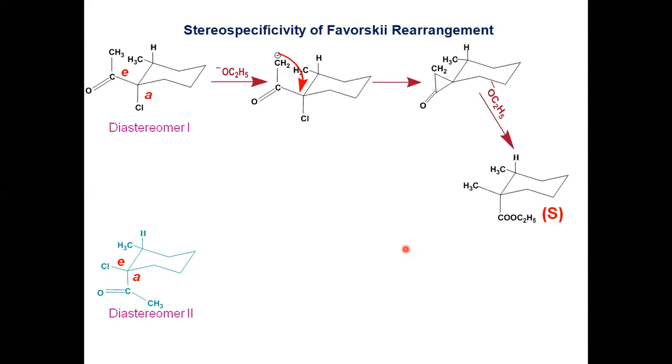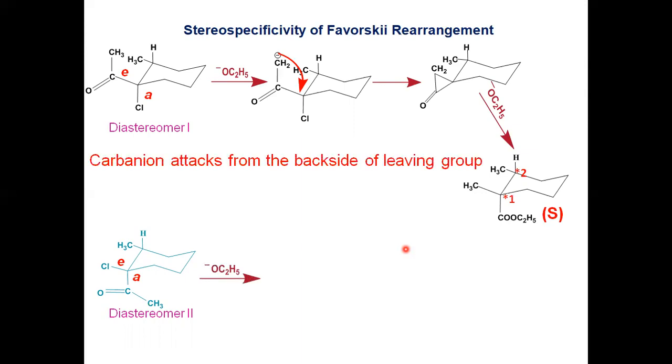By the attack of a nucleophile, this cyclopropanone intermediate forms the product. Here you can see in the product there are two chiral centers. The second chiral center does not change stereochemistry, but according to the first chiral center, the configuration of the product will be S. Similarly, in diastereoisomer 2, since the chlorine is in the equatorial position, the negatively charged carbanion will attack from the axial position, and after the reaction there will be formation of the R isomer.